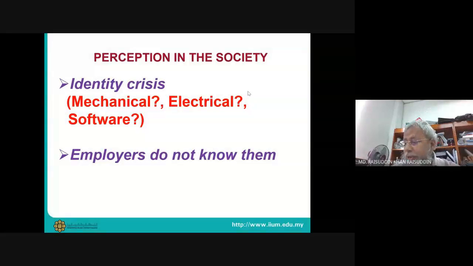The problem with mechatronics engineers, even after 50 years, it is almost 50 years since mechatronics has been introduced, but still many people do not know who the mechatronics engineers are. And this is one of the hurdles you have to overcome when you go to the job market, because they don't know you.